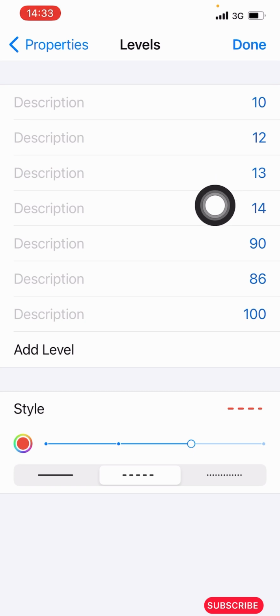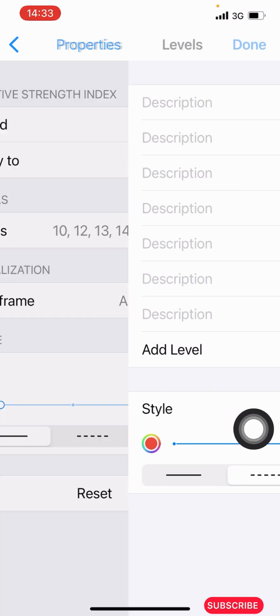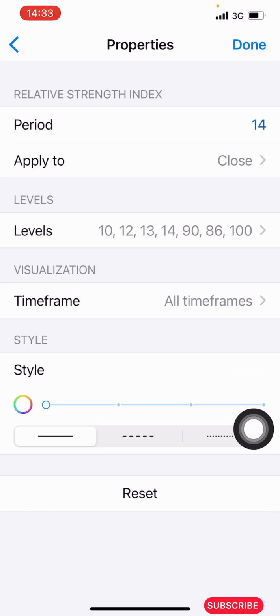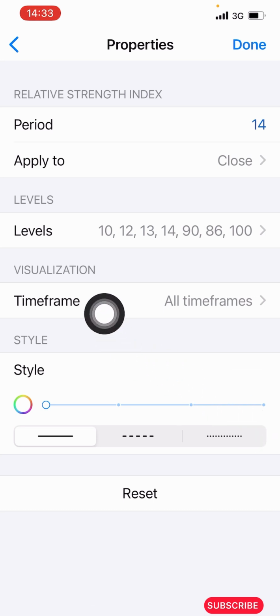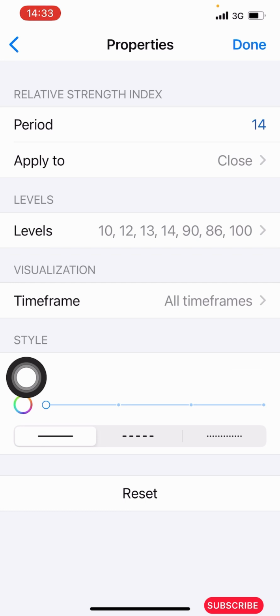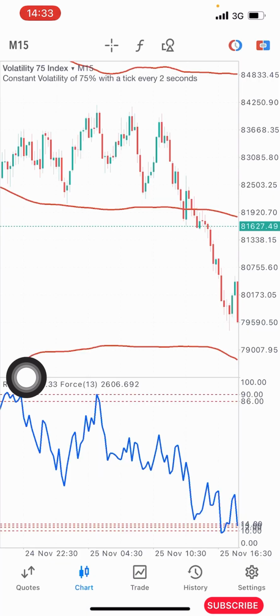After that, you make the color red, and you click on done. That is it for the levels. The time frame, you make it all time frames. The style, you make the color of your background white, and you make it 1 pixel. After that, you click on done. We are done with the relative strength index.